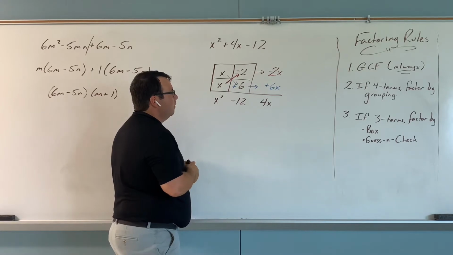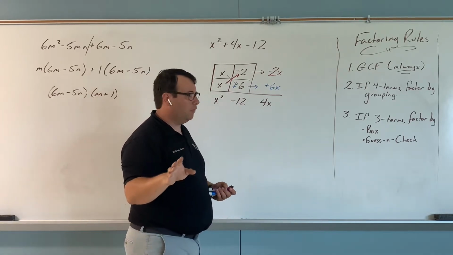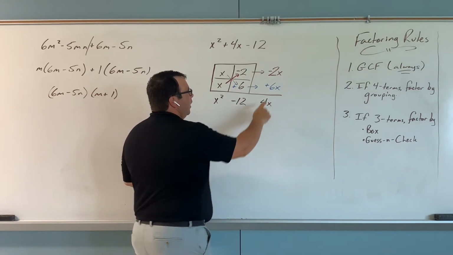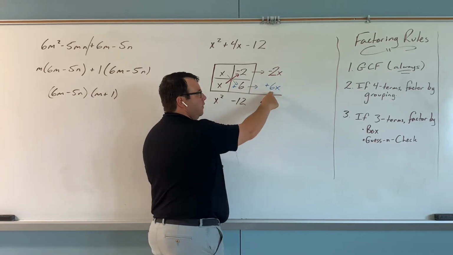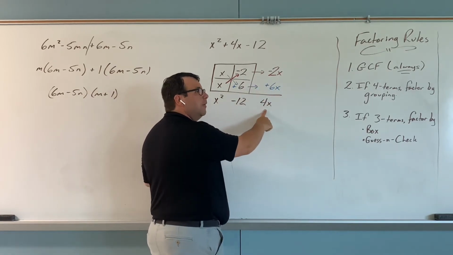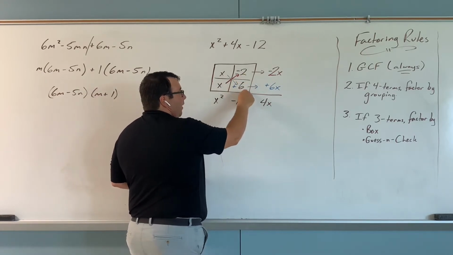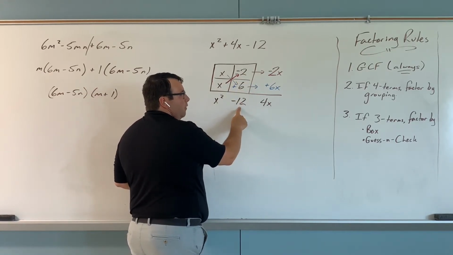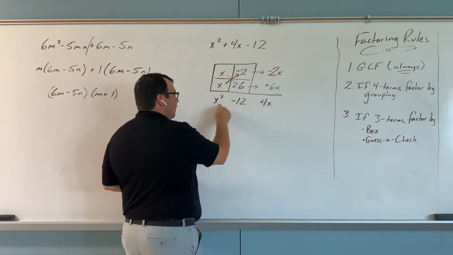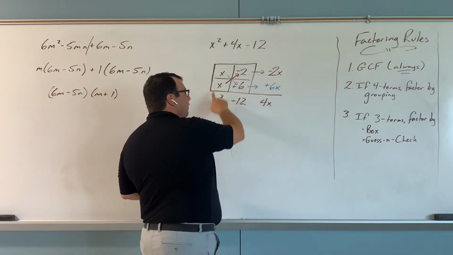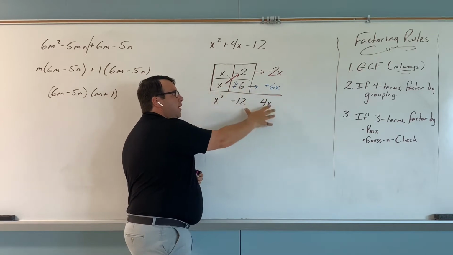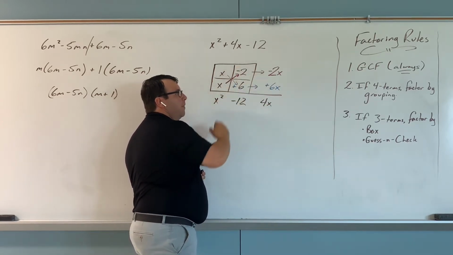Okay, so let's just check ourselves one more time. Does negative 2 and positive 6 give me positive 4? Absolutely. Does negative 2 times positive 6 give me a negative 12? Yes, absolutely. And x times x is x squared. So my box is now checking out. I can find all of these values from the box.